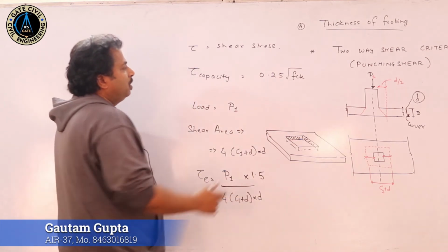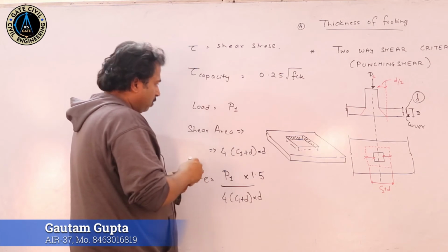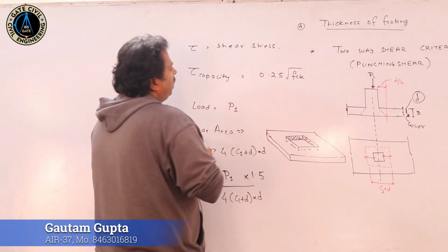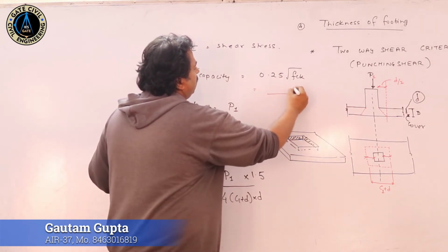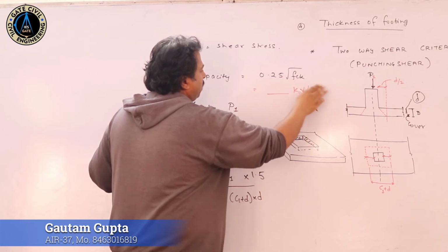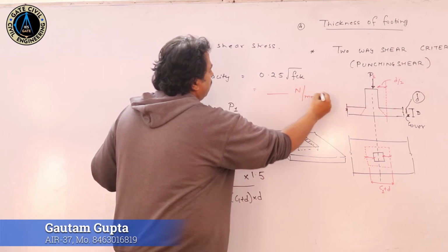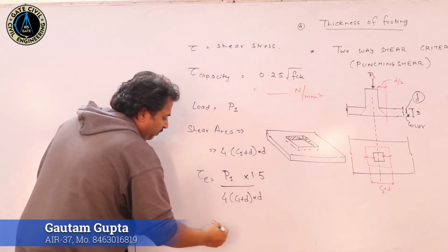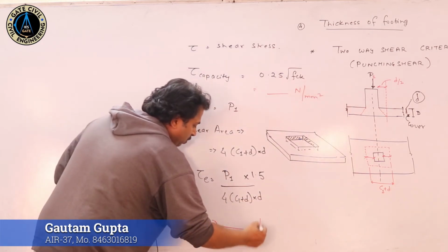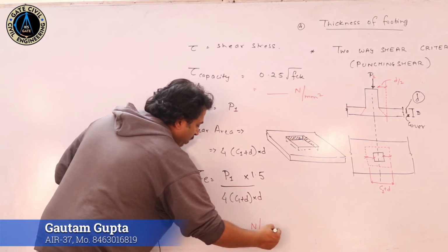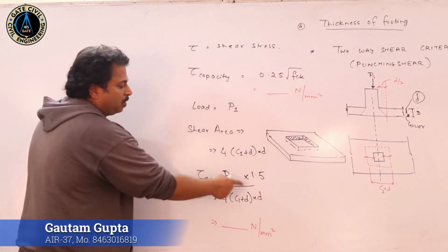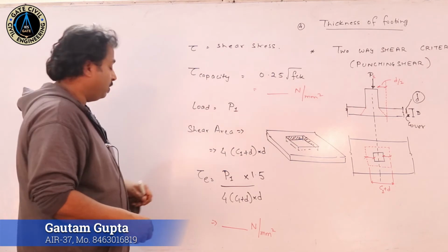The unit of this particular value, that is tau capacity, comes in kilonewton, sorry, not kilonewton, Newton per mm square, and this also we have to apply in Newton per mm square. So accordingly you have to change the units of P1, d and C1.